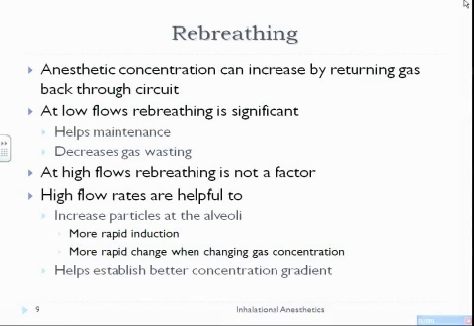What that'll do is that person will rebreathe all the gas that they're exhaling, and the concentration will rise and stabilize, and that person will stay asleep until you're ready to remove it. And now you've saved money because you haven't opened the gas again. And you also saved yourself time because now you're not reintroducing the anesthetic gas back into the agent, which then the body has to get rid of again.